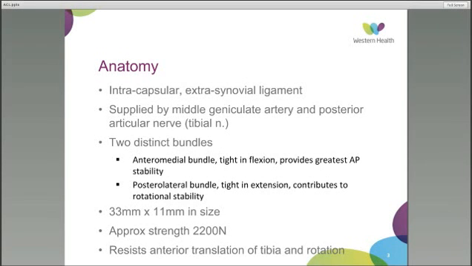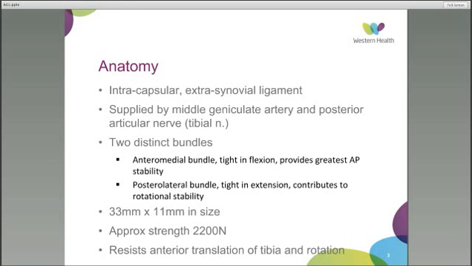Its insertion is vertical when the knee is in extension, and with flexion the posterolateral bundle comes forward in front of the anteromedial bundle and the insertion becomes horizontal. So horizontal in flexion, vertical in extension.